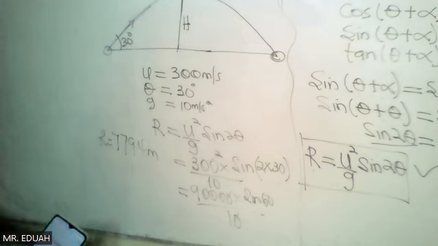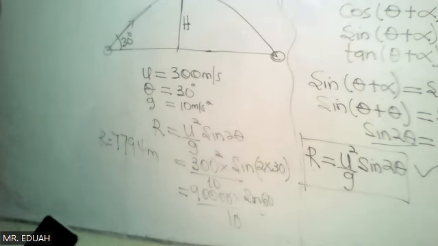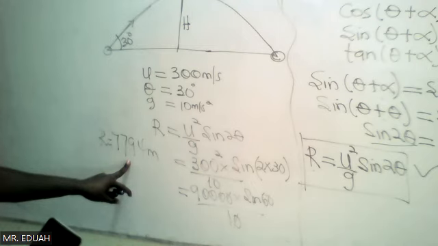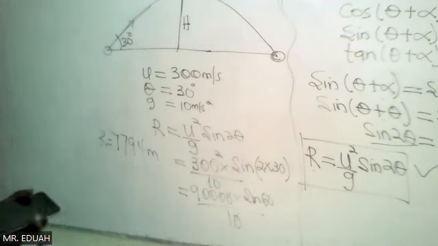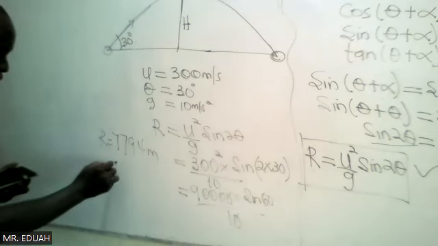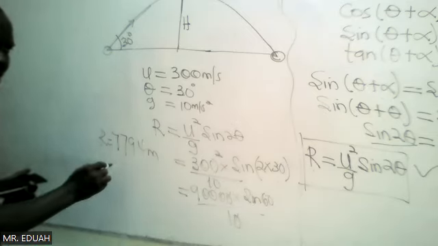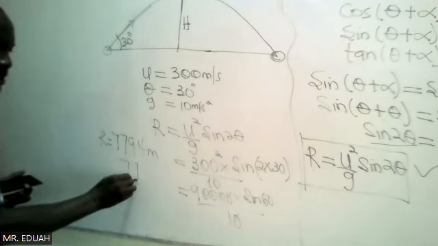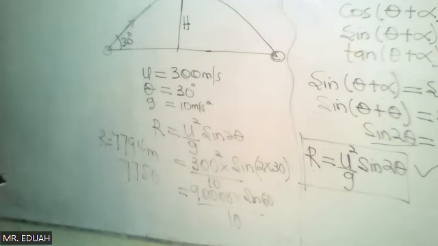What did we get for the range in the earlier question? We got 7,950.